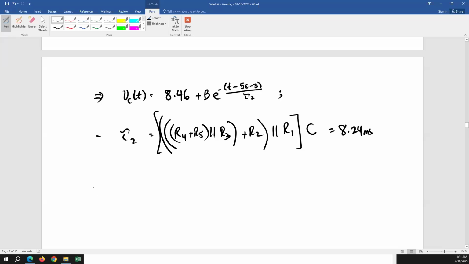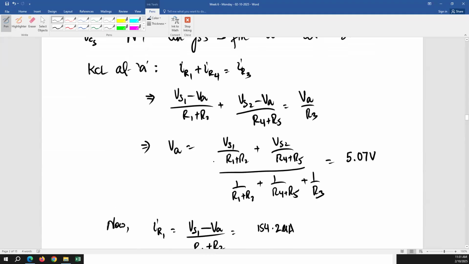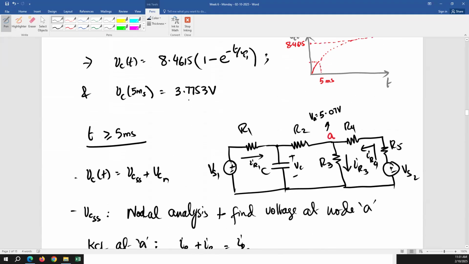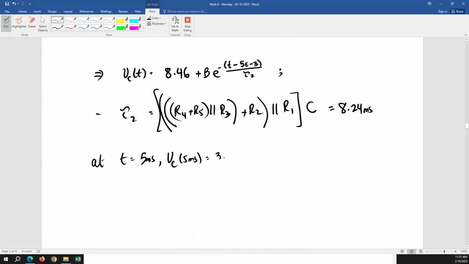Okay, so at t is equal to 5 millisecond, VC at 5 millisecond we calculated as 3.7753. So we plug in that value in the equation.